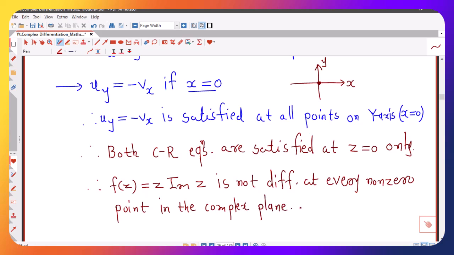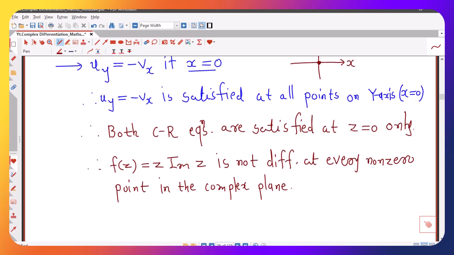So the points at which Cauchy-Riemann equations are not satisfied are the points at which the function cannot be differentiable, and Cauchy-Riemann equations are satisfied at only one point, which is z equal to 0 or origin.